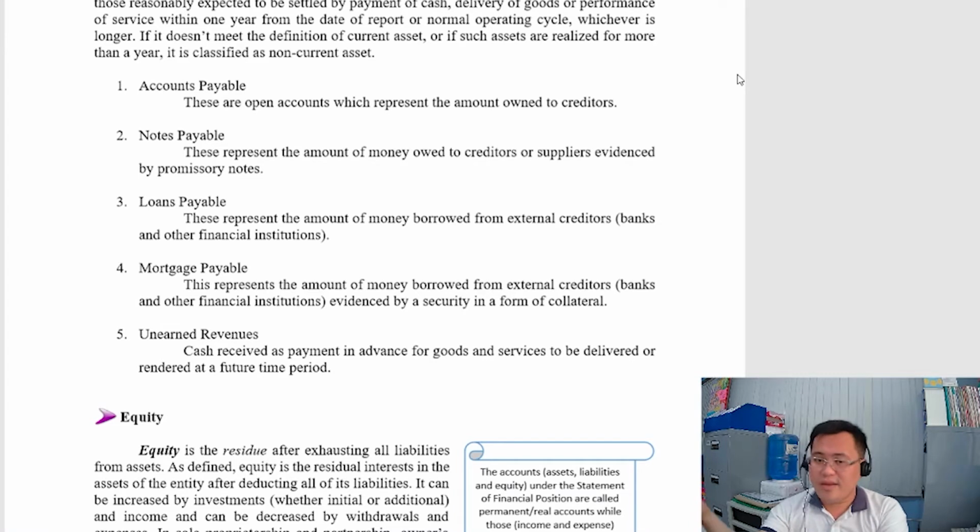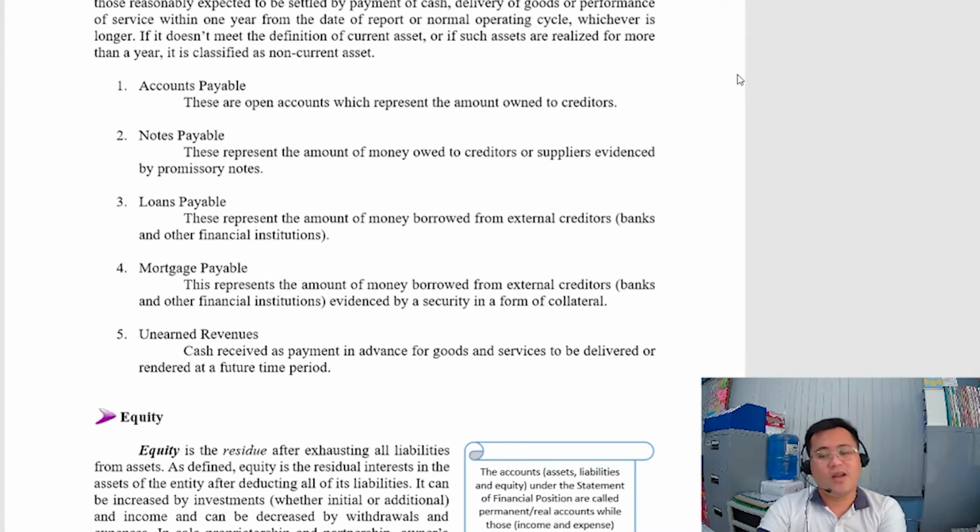You already received the money, however, you were not able to render the service yet. Same applies with goods. If our customer paid 10,000 pesos and you have not yet delivered the goods, then that becomes a liability on our part. We have not yet earned revenues for that because we have not yet delivered the goods to our customers.